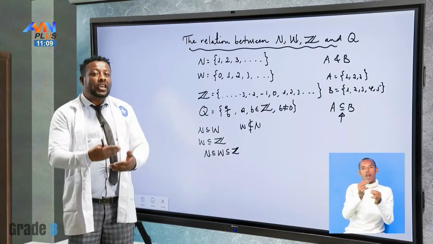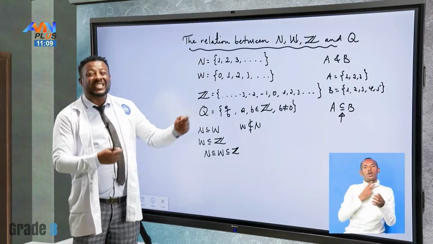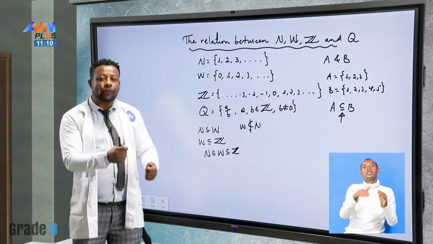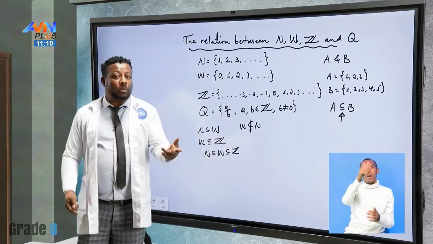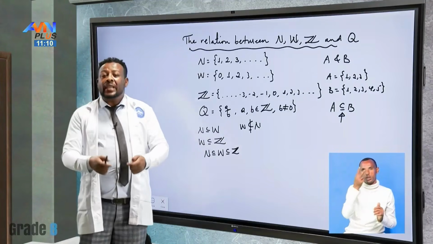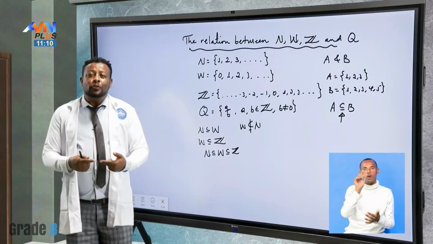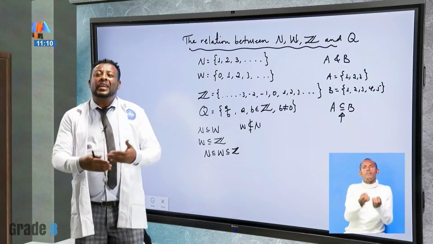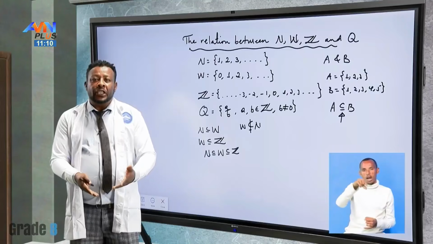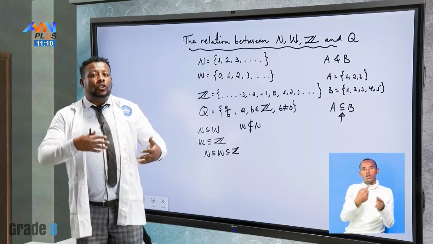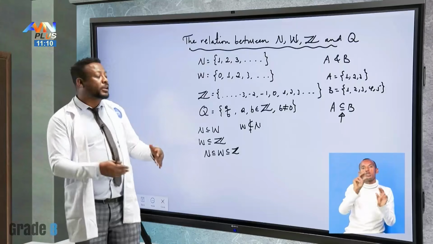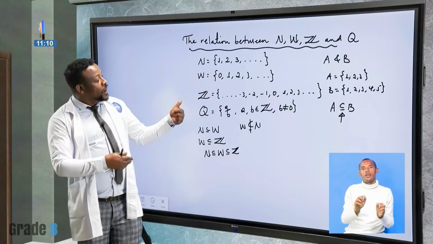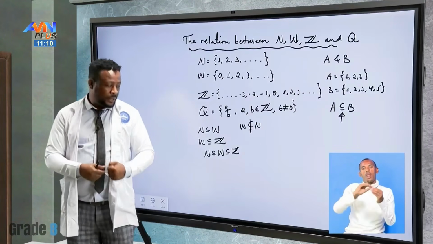That's why we usually represent the set of rational numbers in the form A over B, right? For example, if you take 2 numbers, 0 and 1, between 0 and 1, you can find infinitely many rational numbers, right? So it's impossible to list out the first few terms because there is no clear pattern for the set of rational numbers. All right.